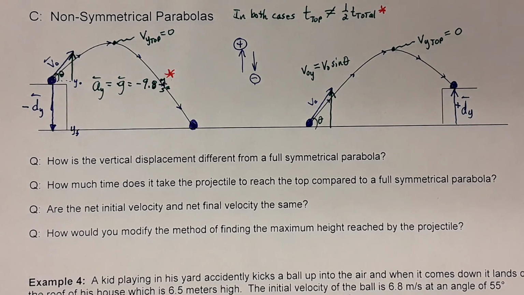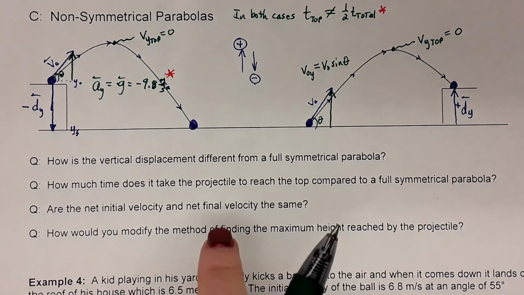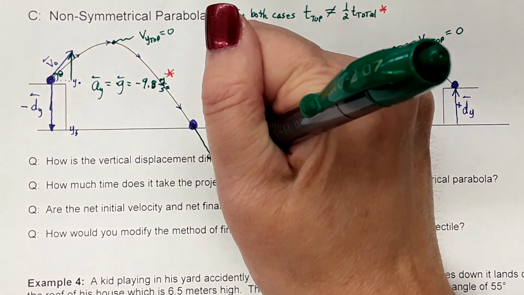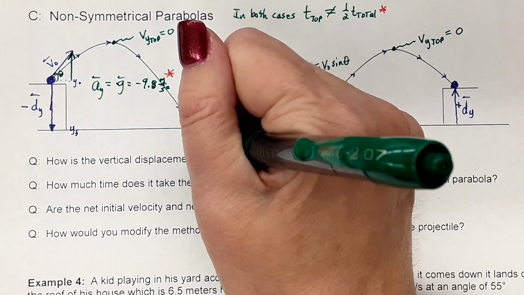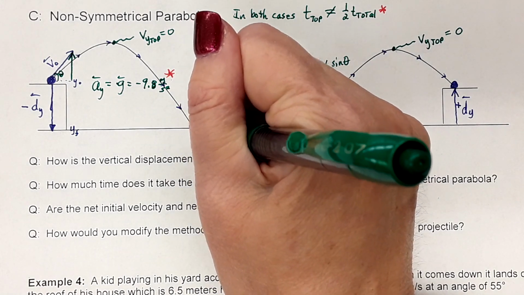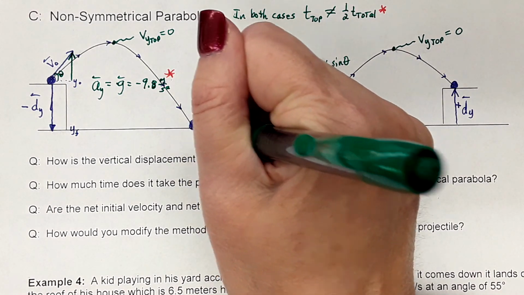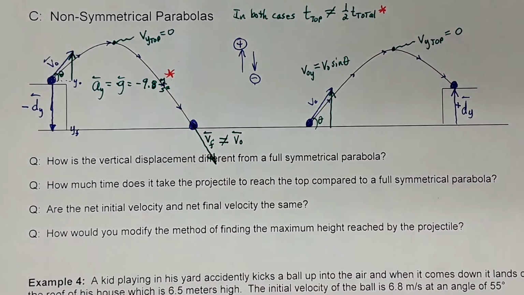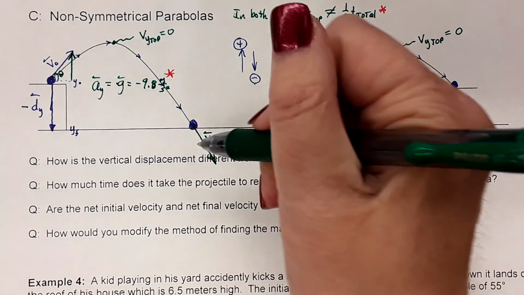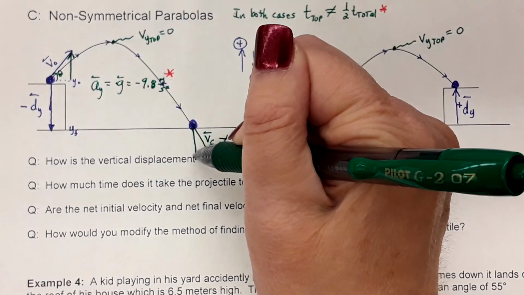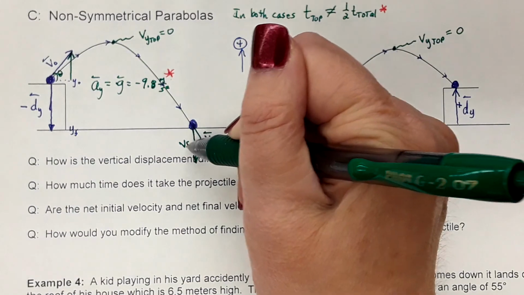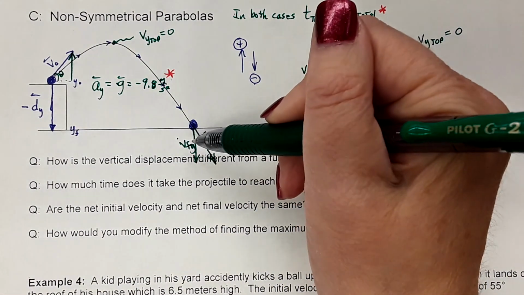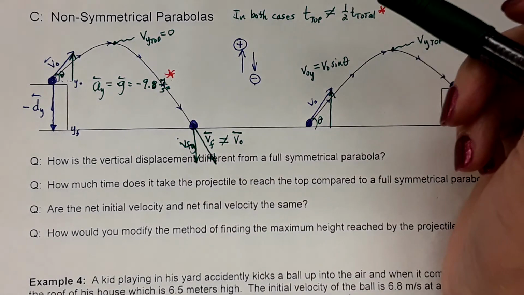Another interesting difference is that when the ball hits the ground, the final velocity no longer equals the initial velocity, again, because of our lack of symmetry. The vertical component here, the final vertical component in the y-plane, is going to be bigger than the initial vertical component.